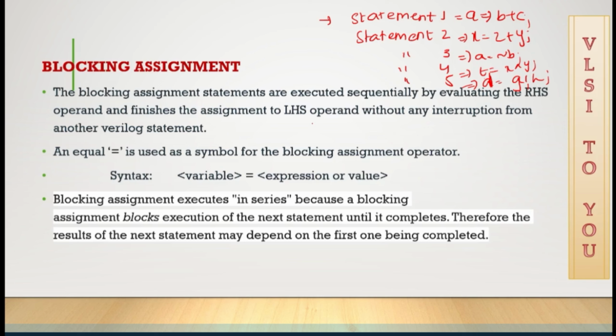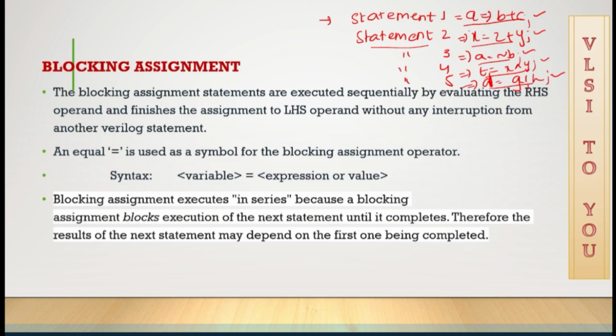When it comes to blocking assignment, all the statements are executed sequentially. Sequentially means one after another. That means after completely executing this statement, then only it comes to statement 2. After completion of the second expression, then comes the third, then the fourth, then the fifth.